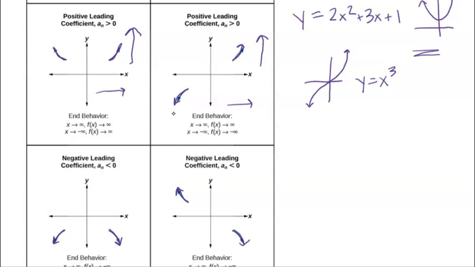If I look at x going to negative infinity, then notice it says my function values need to go to infinity. Here, if my x values go to negative infinity, then my function values go to negative infinity. And that's what that arrow notation means. If you end up taking calculus, you'll learn a whole lot more about those types of notations, and limits is what that is called.